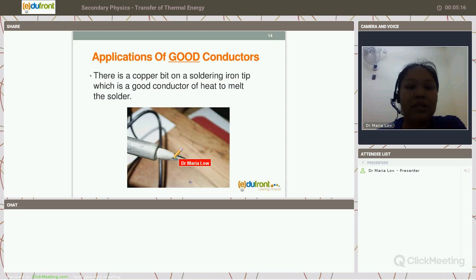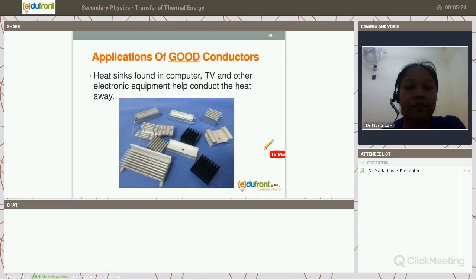What this does is that it helps to melt the solder faster because it's a good conductor of heat. The next application of good conductors: heat sinks that are found in computers, TVs, and other electronic equipment help to conduct the heat away faster. So this is another application where we apply good conductors of heat.